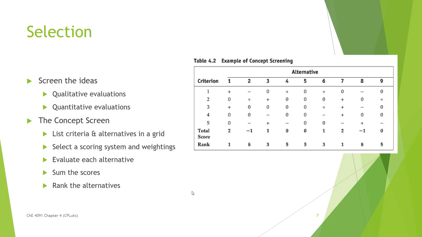So it was still useful. Okay? So once you do this, now look at the ideas that you have and which ones do you think are worth pursuing further. Now come up with what criteria you're going to use to evaluate these. All right, so list all those criteria and list all the alternatives that you come up with in a grid.